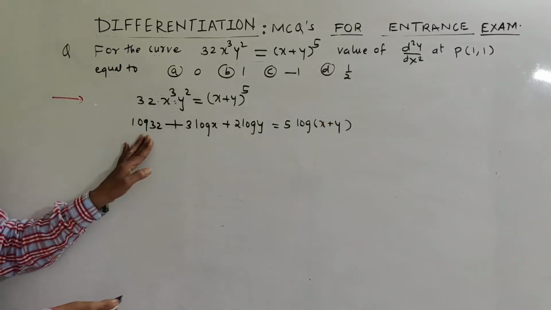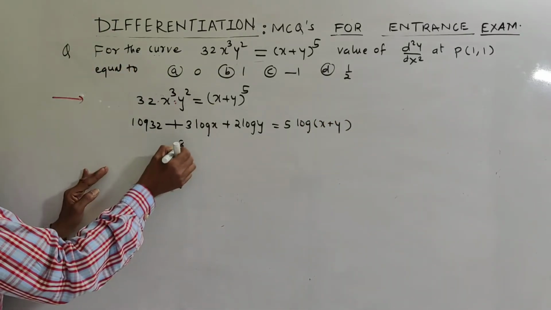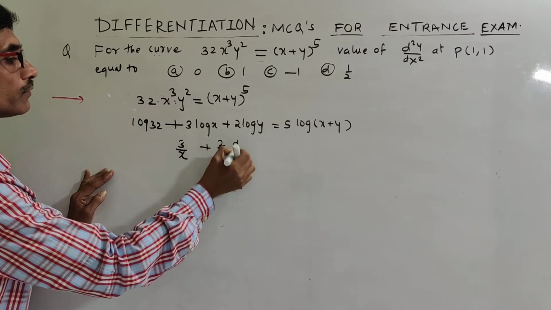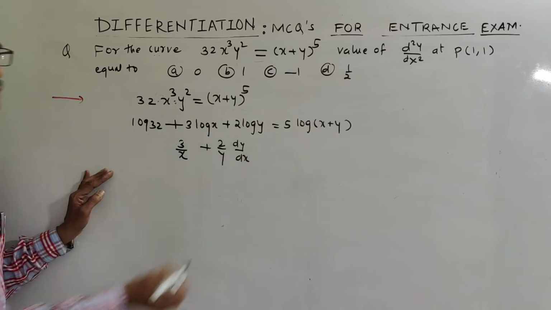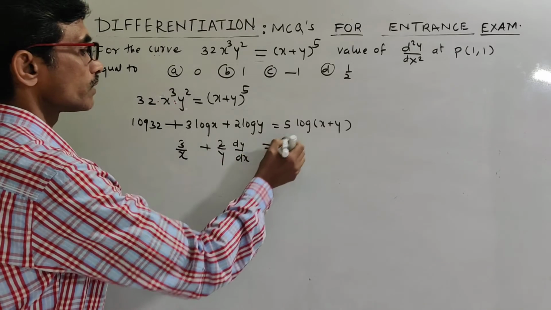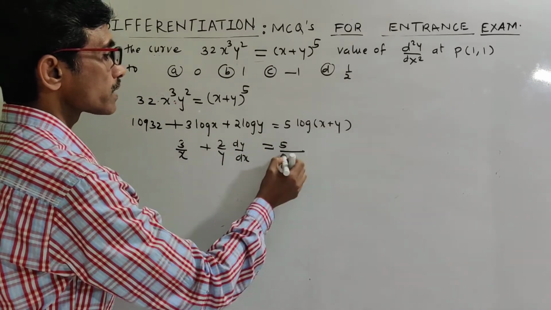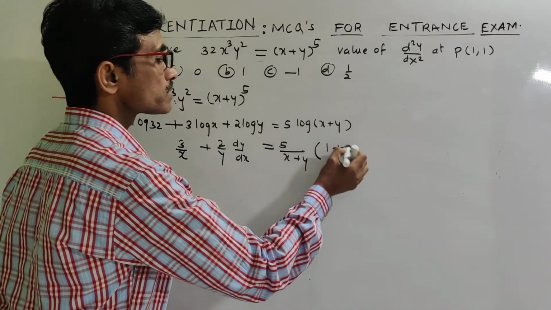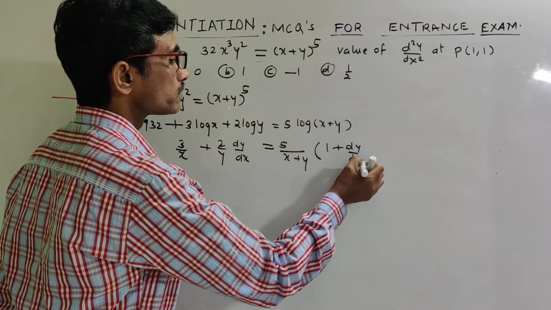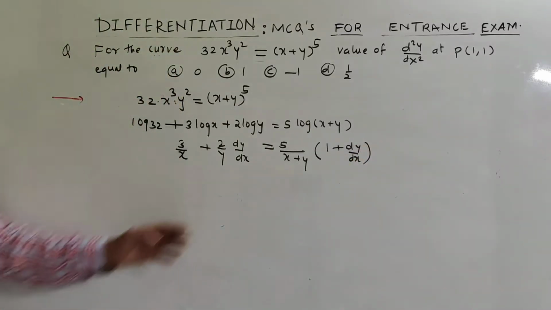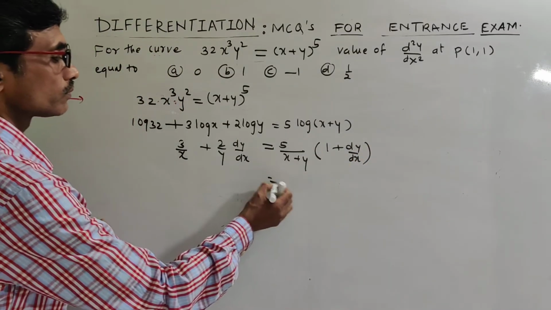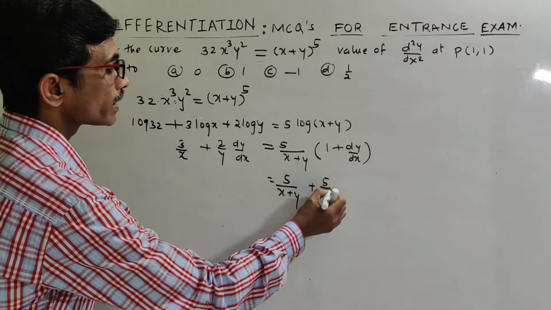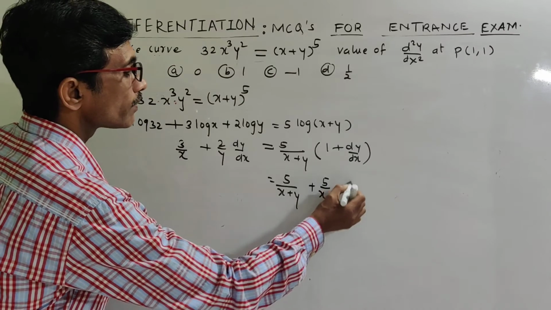Differentiating it, constant, its derivative will be 0, 3 upon x, 2 upon y into dy by dx is equal to 5 upon this x plus y into derivative of x plus y, which is 1 plus dy by dx. We collect dy by dx term from either side, 5 upon x plus y into dy by dx.